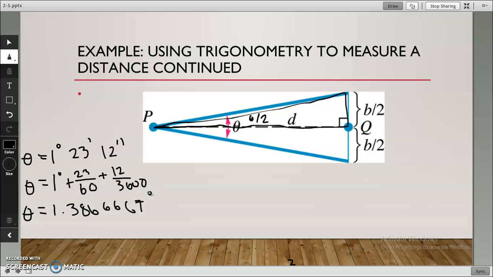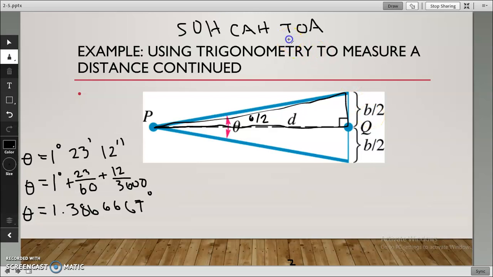Alright, so now looking at what I have, again, using our trig functions of SOHCAHTOA, sine equals opposite over hypotenuse, cosine equals adjacent over hypotenuse, and tangent equals opposite over adjacent. I'm looking at what I have. Compared to this angle here, I have D, which is my adjacent, and I have b over 2, which is my opposite.